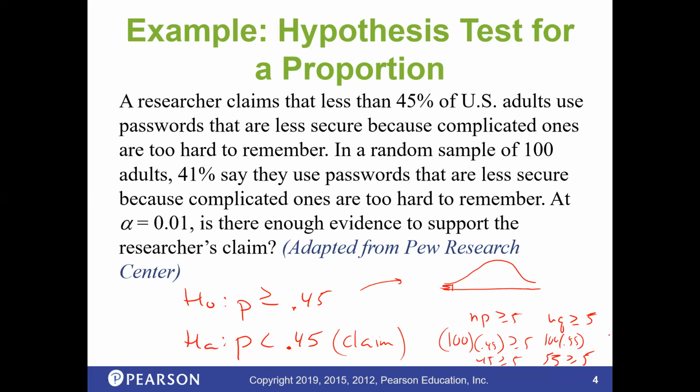Can you figure out alpha is 0.01? It's a one-tailed test. So I'm looking at 1% being over here, or 0.0100 right here. What is my z-score of 0.0100?